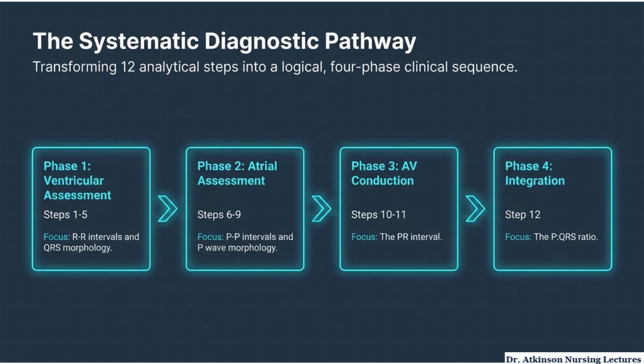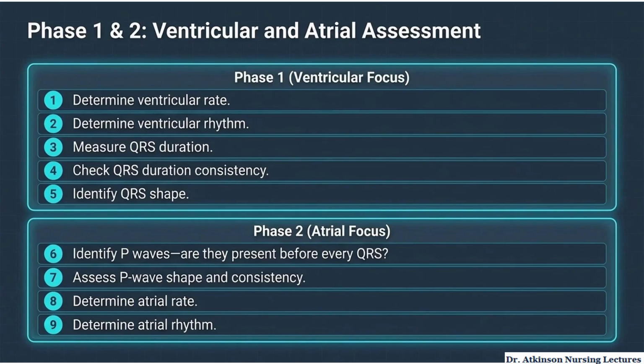To interpret the rhythm, we take 12 analytical steps and break them into 4 phases: ventricular assessment, atrial assessment, AV conduction, and integration, ending with the P to QRS ratio. Phase 1 covers ventricular focus, rate, rhythm, QRS duration, its consistency, and QRS shape.